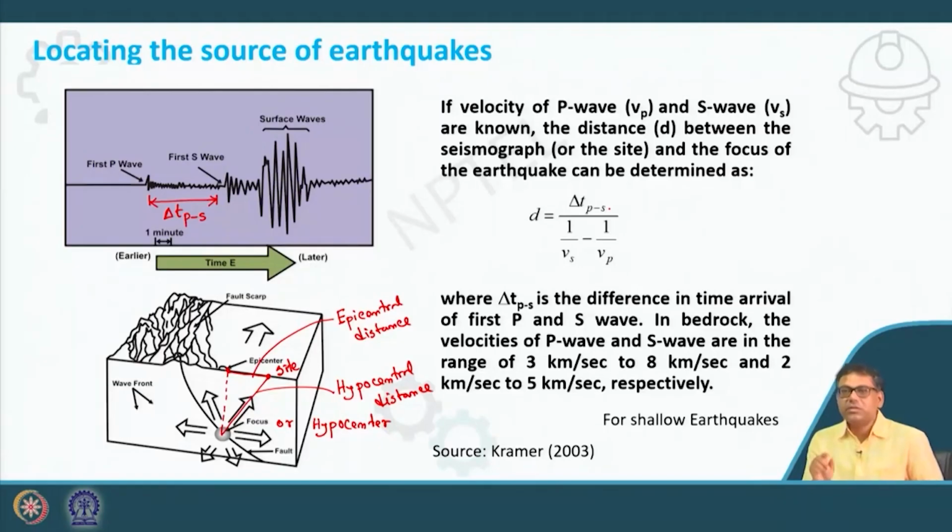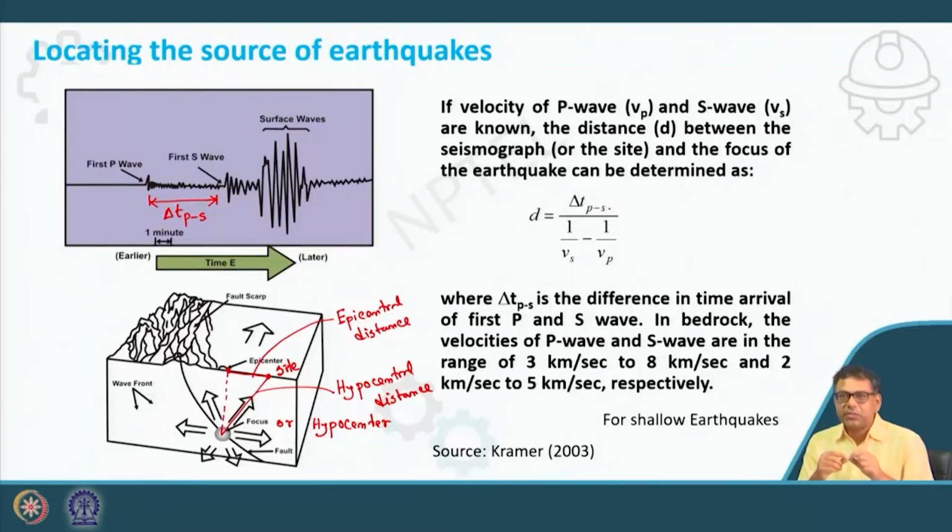What does it mean? To use this expression, one condition is that the hypocenter or focus should be at shallow depth. So this equation is applicable for shallow earthquakes.